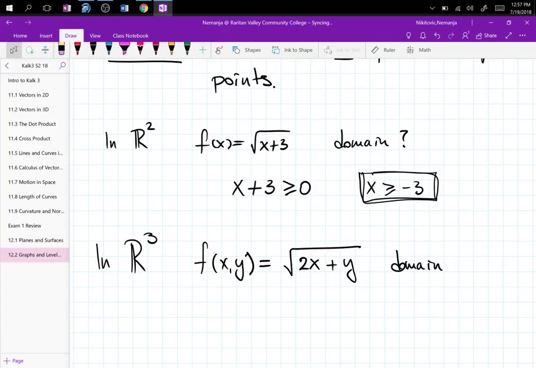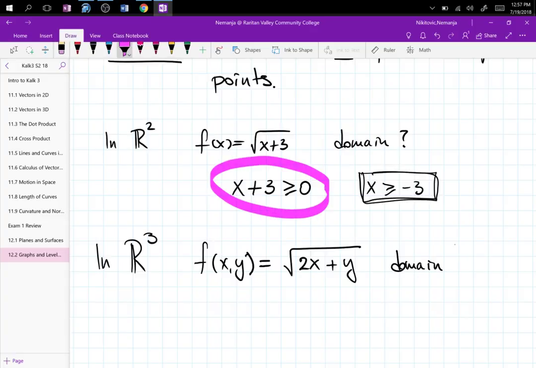Well, please note that all of this over here is just going to end up being a single number that you are going to square root. So if the trick before was that one thing under the radical needs to be non-negative, well, the same trick must work now. There are no exceptions in mathematics.